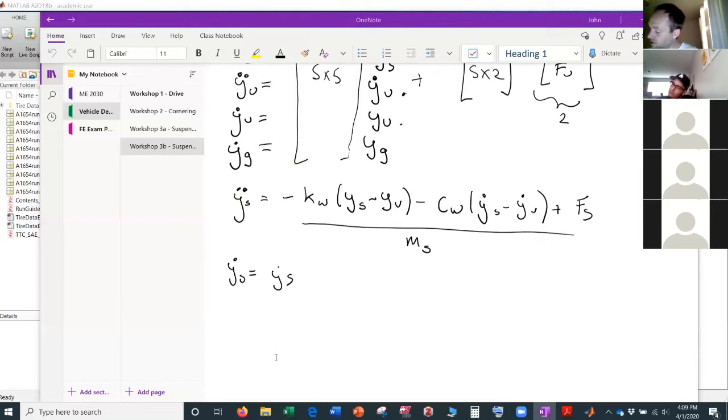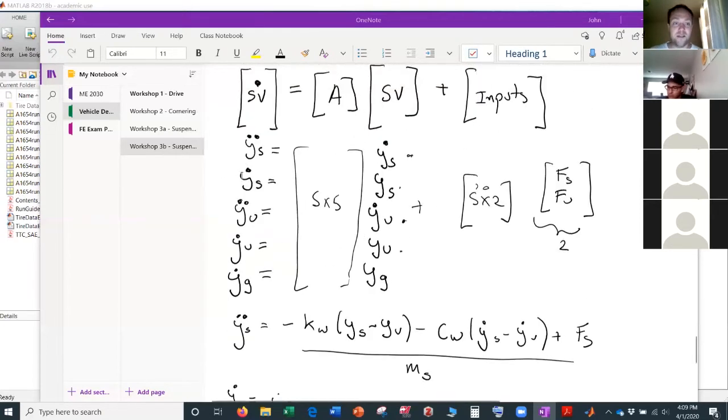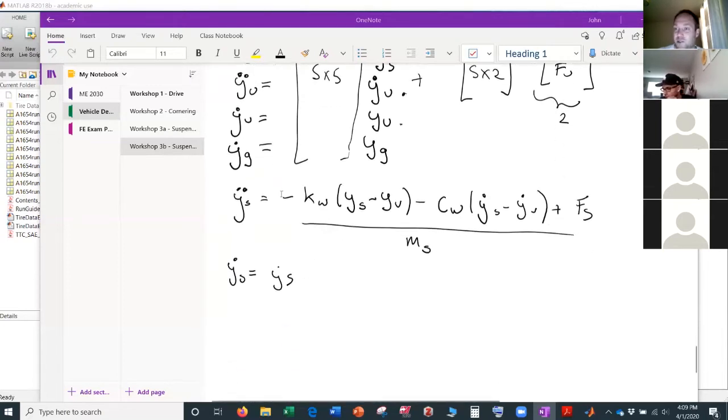I already have this variable, it's just equal to this. So that's kind of nice. I'm already tracking the velocity, so that's easy. I don't even really need to do it.